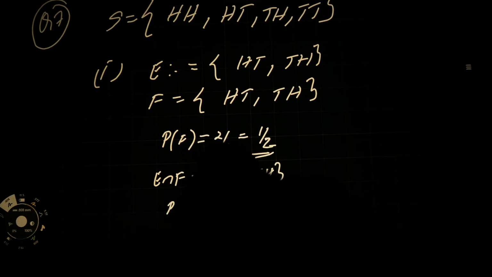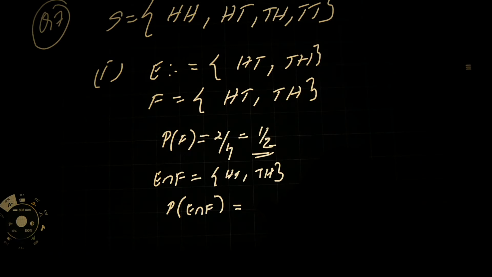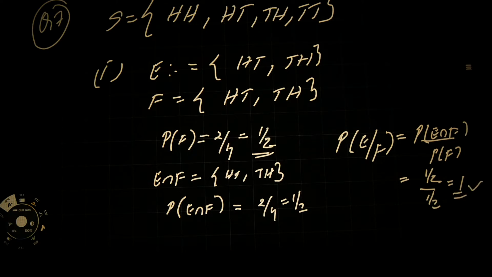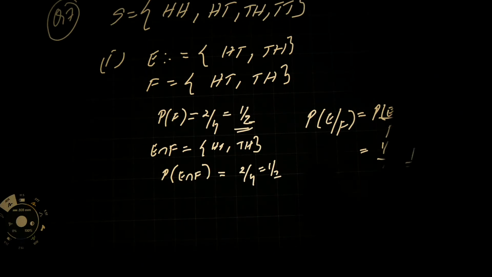So P of E intersection F is also 2 by 4, which is 1 by 2. So P of E given F is P of E intersection F by P of F, which is 1 by 2 divided by 1 by 2. The probability is 1. There is 100% chance.